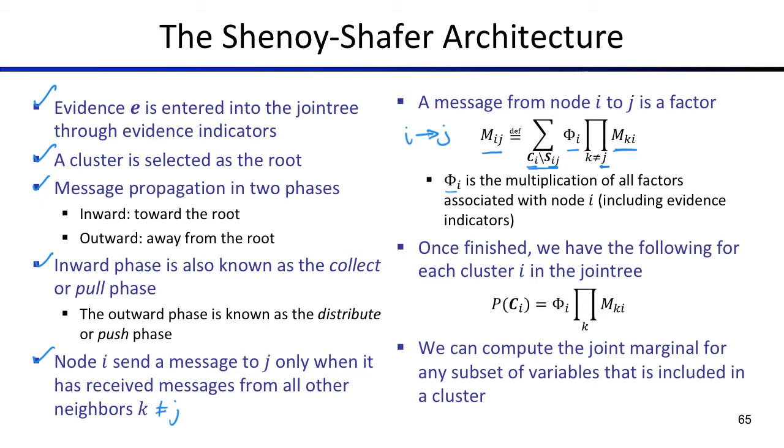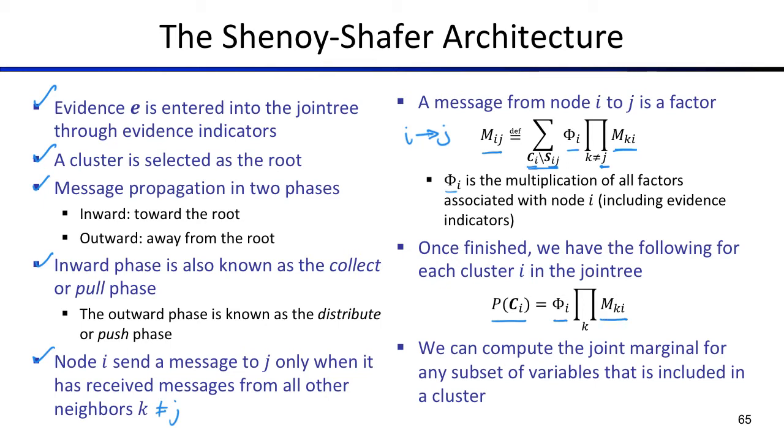At the end, when we have gone through all the message passes, the inward and the outward phases, we will compute the beliefs. So we have the probability for each of the clusters, and it will be the multiplication of the big phi I, all the factors associated with the node I, together with all the messages that we got from all the neighbors, right?